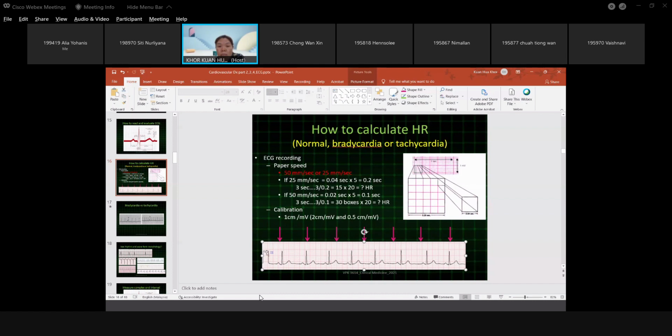In this case, at 50 millimeters per second, you just count 30 boxes. In those 30 boxes, for example, there are 1, 2, 3, 4, 5, 6, 7, 8 complexes. So 8 times 20, I'm getting a heart rate of 160.